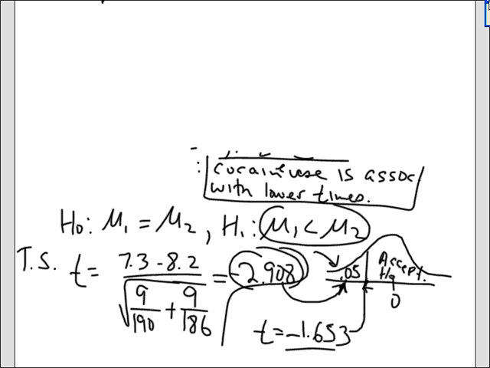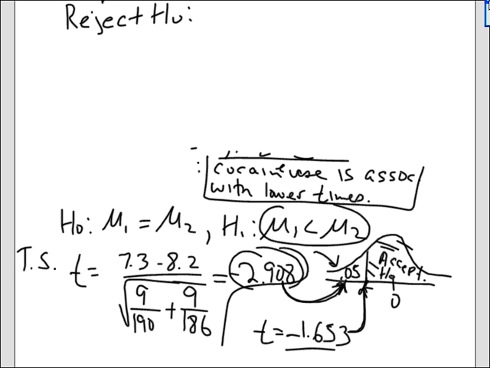Now, the first thing I'll say is we reject the H0, because only if you're in here, all the way up to t equal negative 1.653, do we accept the H0. But we're at negative 2.908, so we reject H0.